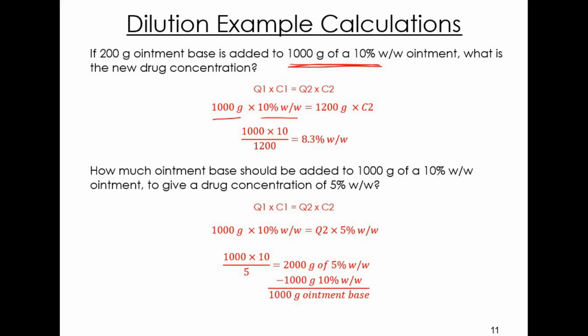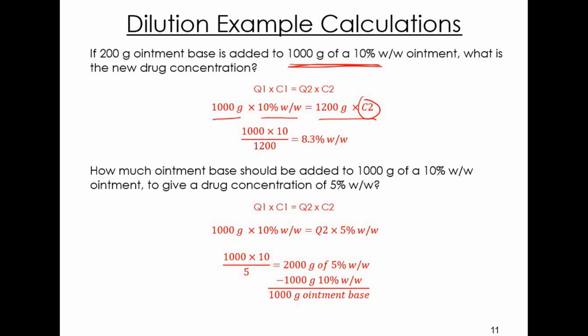So 1,000 grams of 10% weight per weight ointment, and then we have a second quantity and the concentration we're looking for.